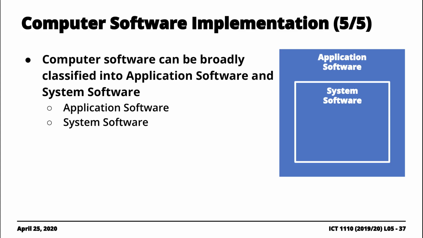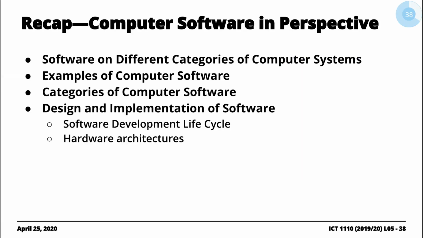These would be things like productivity software tools such as Microsoft Word, or spreadsheet applications like Microsoft Excel. And system software is really the more system-level tools and services that directly interface with the hardware, things like the operating system.